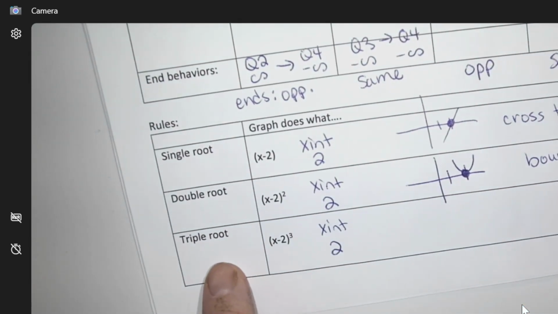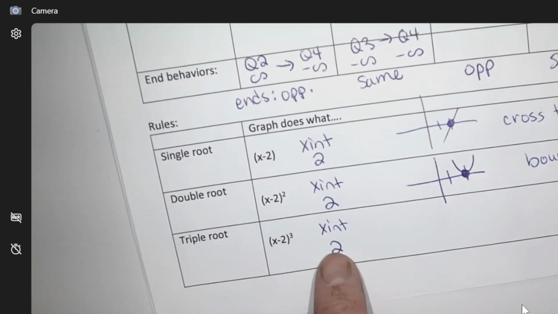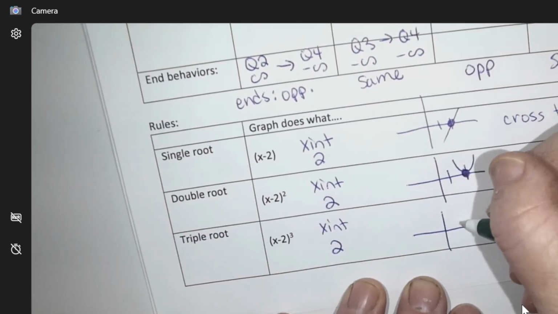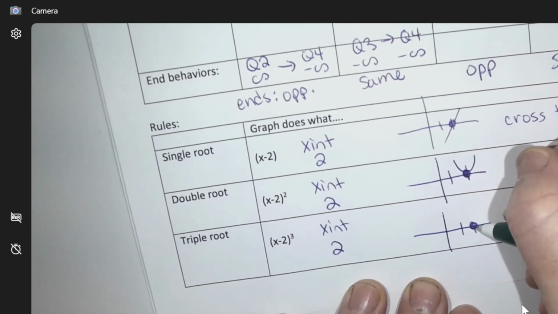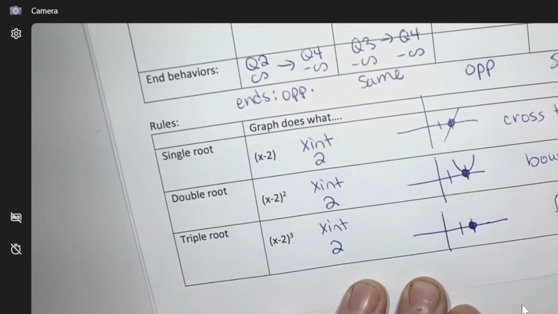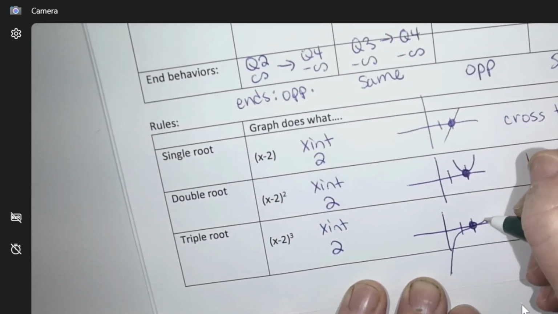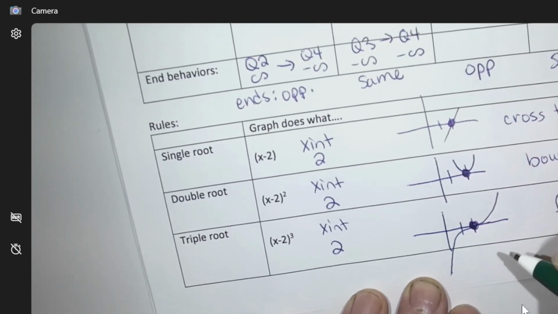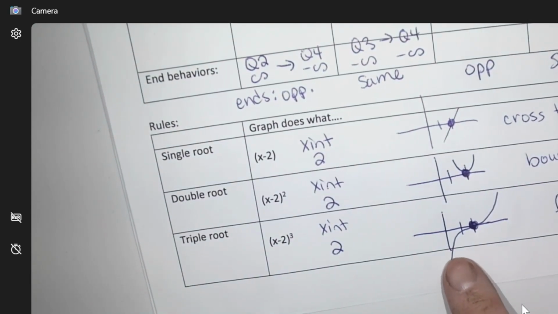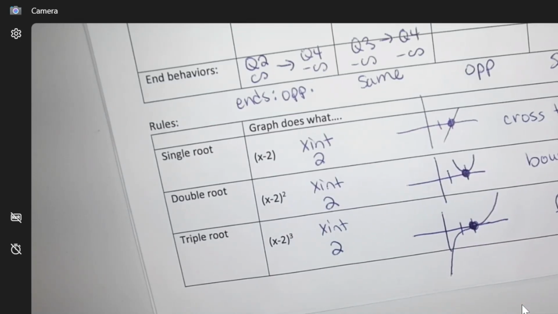And the last rule here, there's a triple root. And it's obviously still at 2. This is going to be called a flatten. So you're going to flatten out and then go through it.